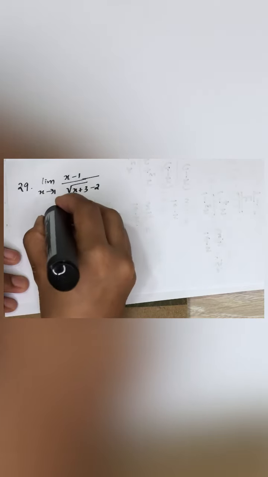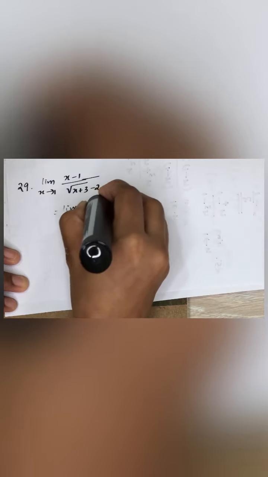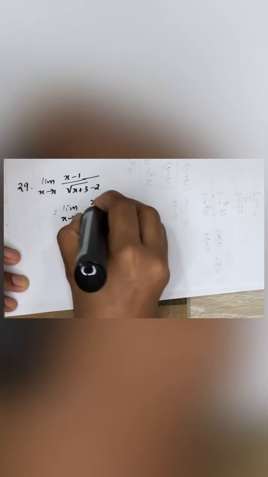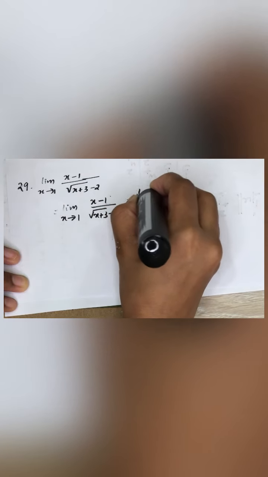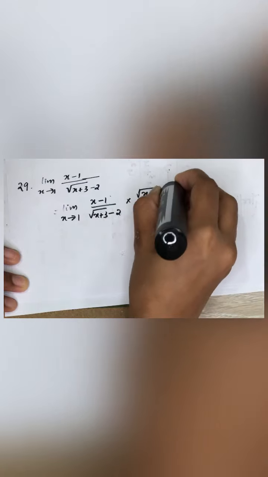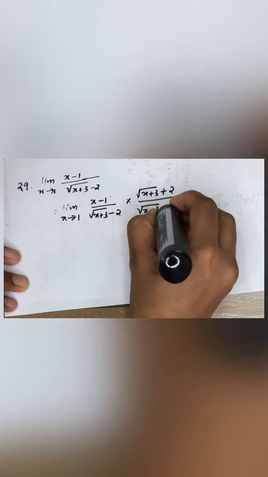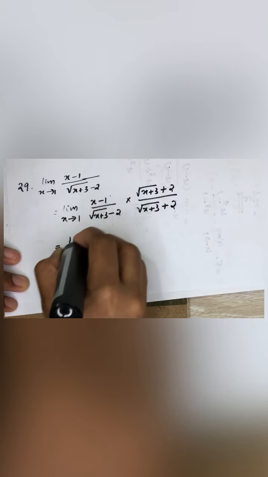We get limit x tends to 1, (x minus 1) by (root x plus 3 minus 2) into (root x plus 3 plus 2) divided by (root x plus 3 plus 2).